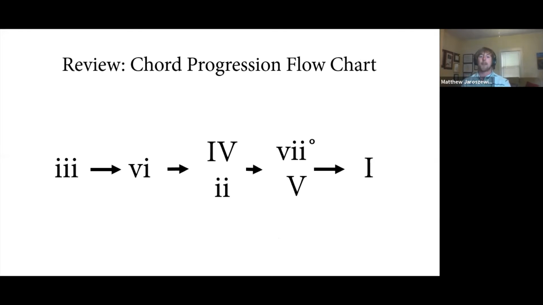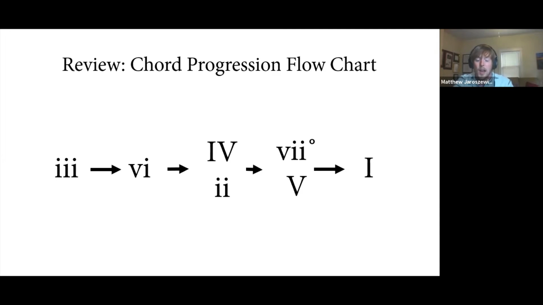We also talked about the chord progression flowchart. Remember, we built it off of the circle of fifths to determine the order that we're typically going to see the chords in a major key. So we can go linearly through 3, 6, 4 or 2, 7 or 5, and 1.